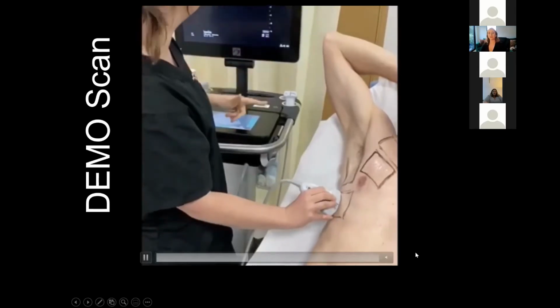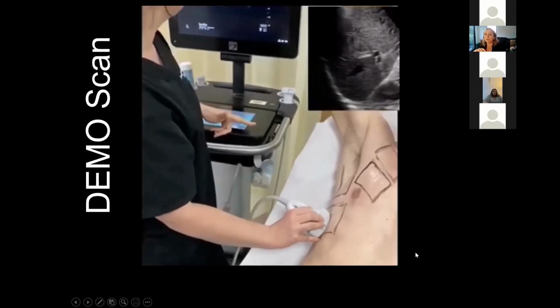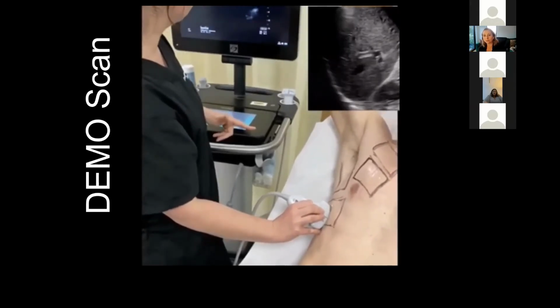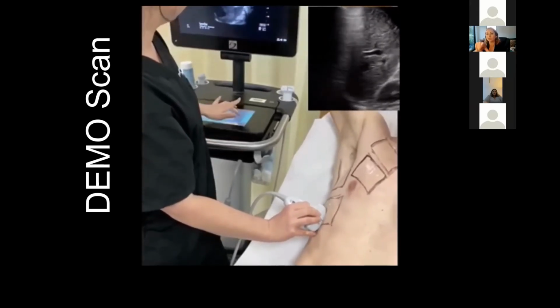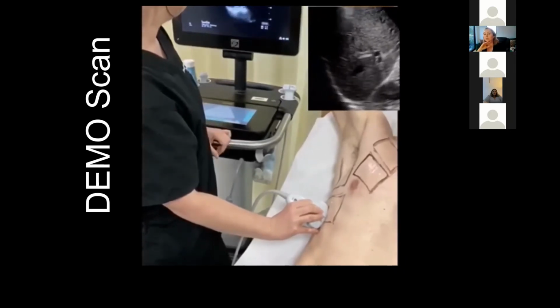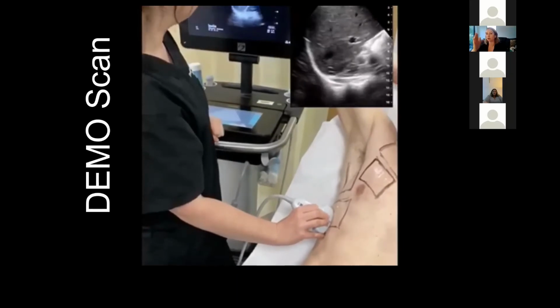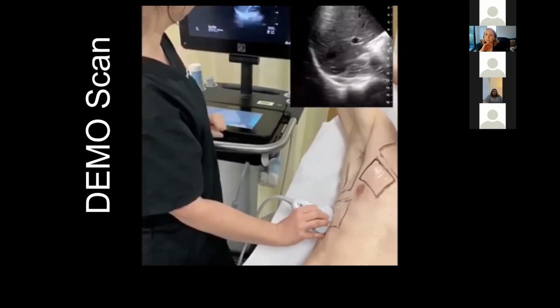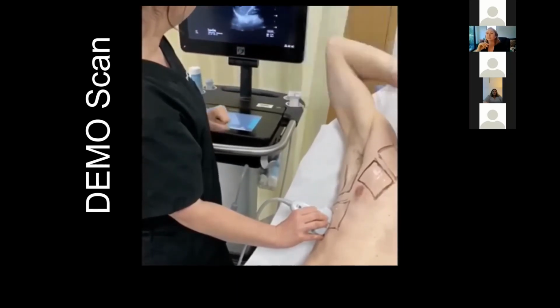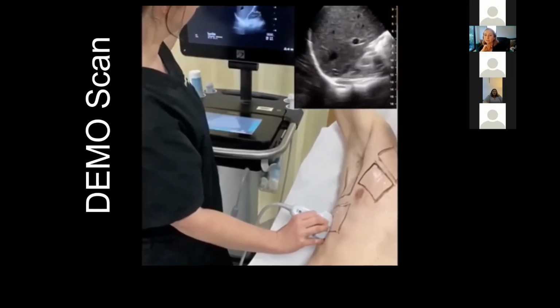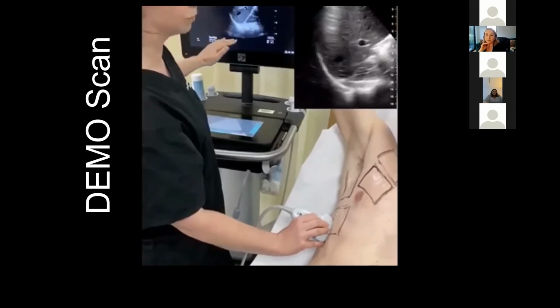Down at the base here, we're looking at that costophrenic angle. Here at the right upper quadrant, we've got a bit of diaphragm, liver, and you can see kidney there. You might recognise that from your FAST scan view. As Mark takes a breath in, we get this curtain of pleura or artifacts coming over the abdominal organs. That's already quite reassuring that the lung is air filled, because it's got all that artifact there.